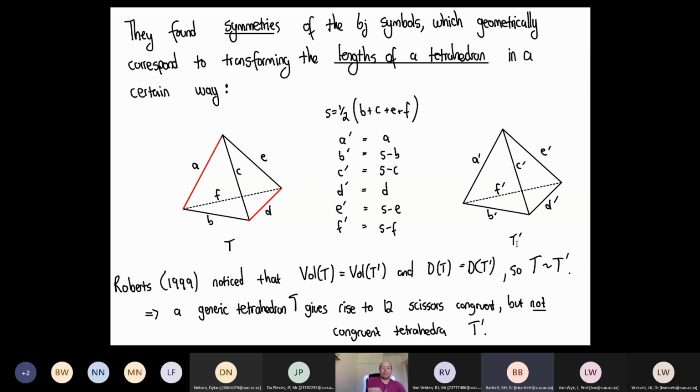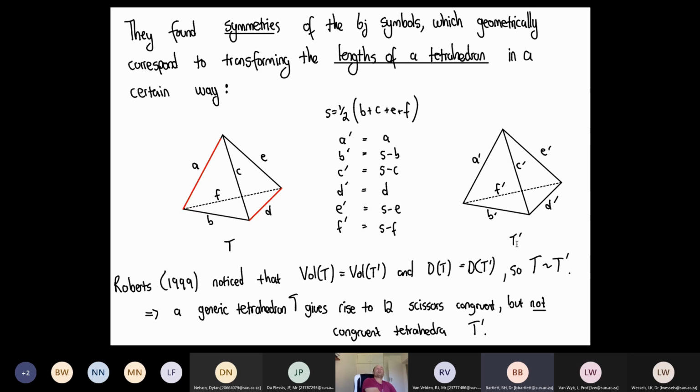And Roberts noticed that it's a consequence of the calculations that Ponzano and Regge do in their paper that the volumes of these two tetrahedra are the same. They knew that, but they were physicists, so they didn't really think about Dehn invariants. But it's also a consequence of the calculations they did that the Dehn invariant of T is the same as the Dehn invariant of T'.